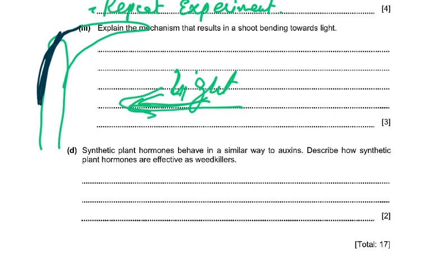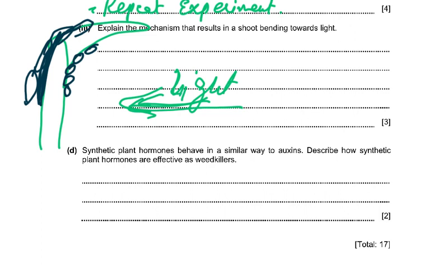So auxin accumulates on the shaded side, creating a difference in concentration between the shaded side and the light side. Cells with a higher concentration of auxin absorb more water, and that causes unequal growth. So this side grows more, the cells elongate more, and this side grows less.